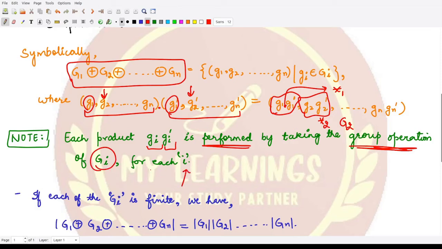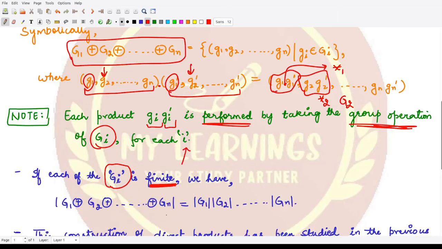One more thing: if each of the groups you are taking, G1, G2 up to Gn, is finite, then the order of this external product is obtained by multiplying the orders of the individual groups together. Why is this so?